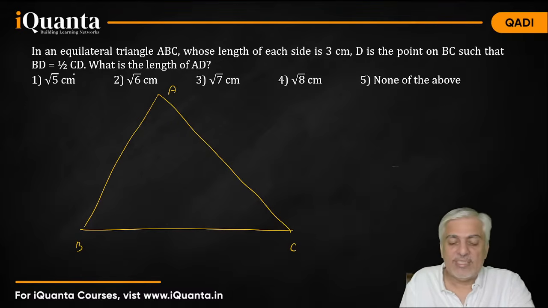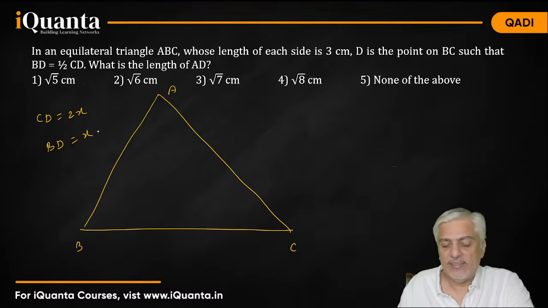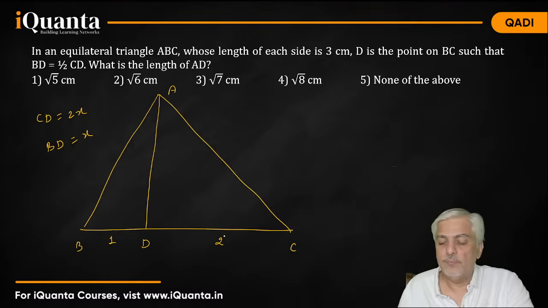So, just to understand, if I took CD as 2x, BD is x and total is 3. BD plus CD will be 3, so x is 1. That means D is somewhere over here where this is 1 and this is 2. Question is, find the length of AD.